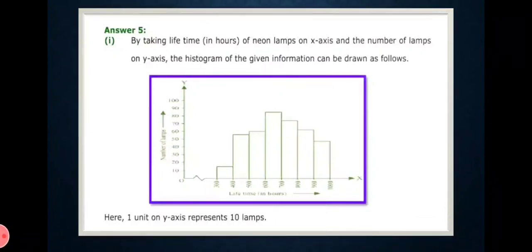So you will write the scale on the graph page, that is, scale on y-axis 1 unit equal to 10 lamps, and then you will make the bars without leaving space, with the respective class length, whatever number of lamps are given.